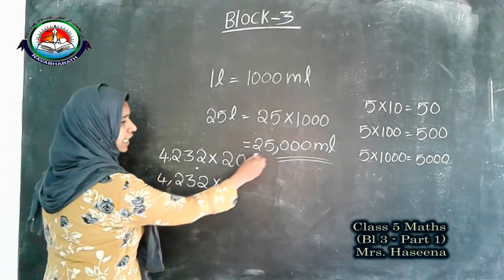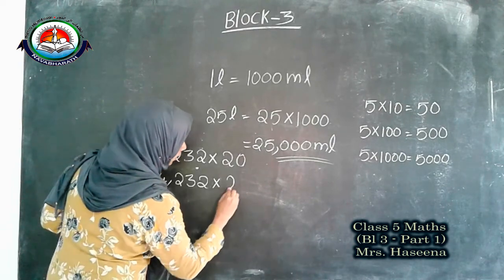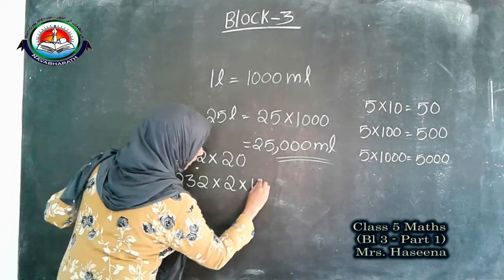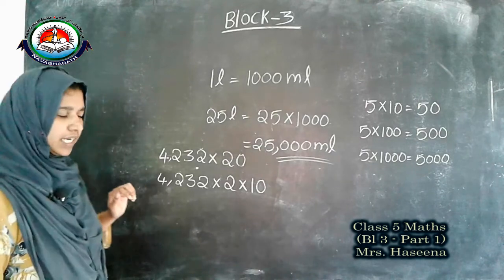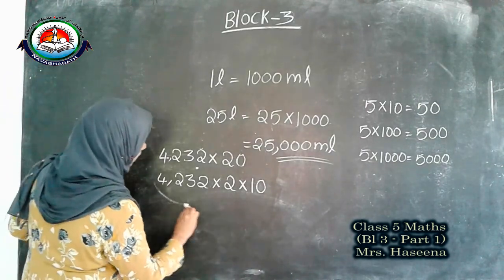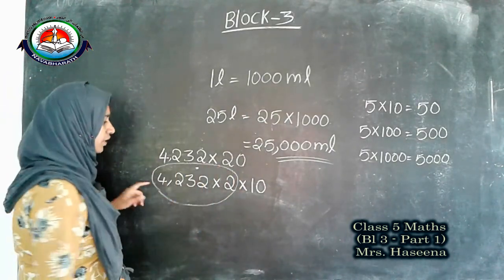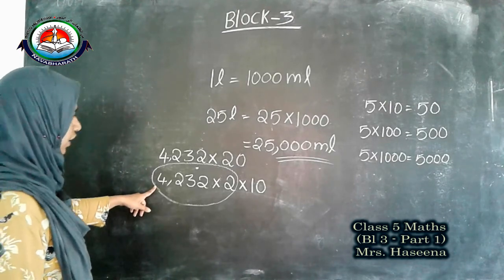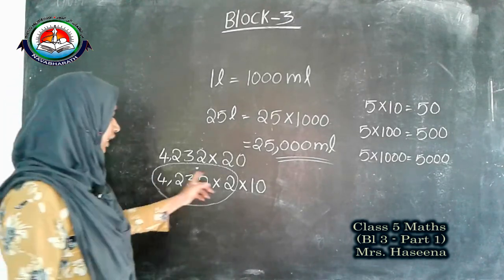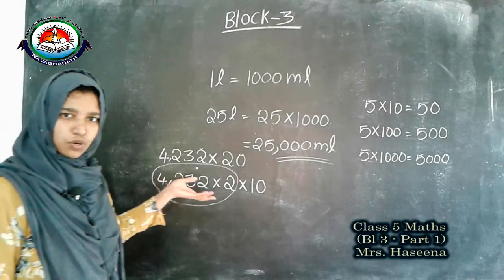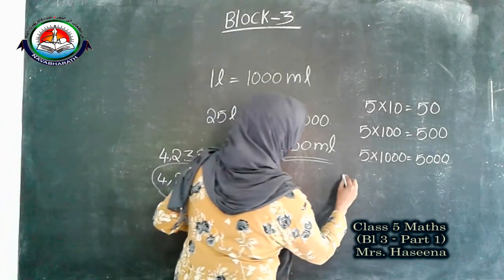We can split 20 as 2 into 10. Then multiply these two numbers first. Do you know how to multiply two numbers? You already studied how to multiply.